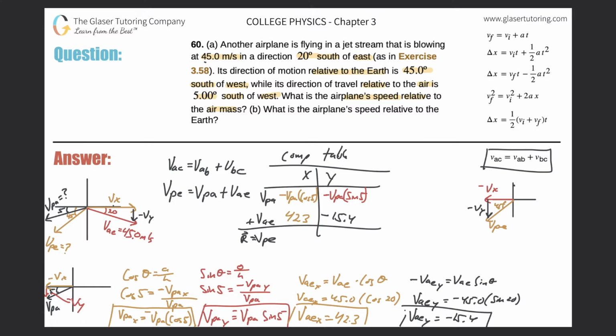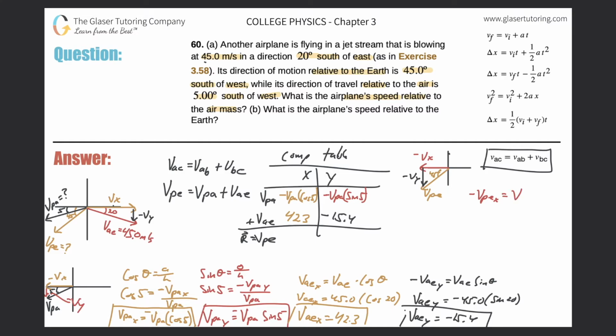So now let's break each of them up individually. Let's work with the x first. So here we have the negative velocity of the plane relative to the Earth in the x direction, which should be equal to the magnitude of the vector.